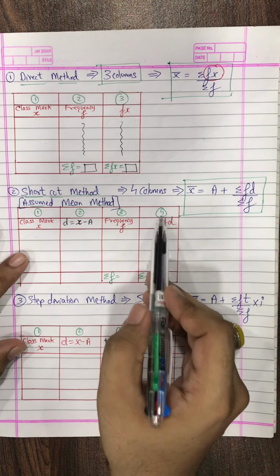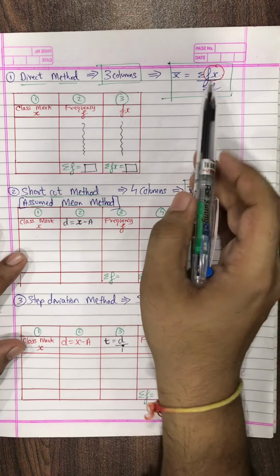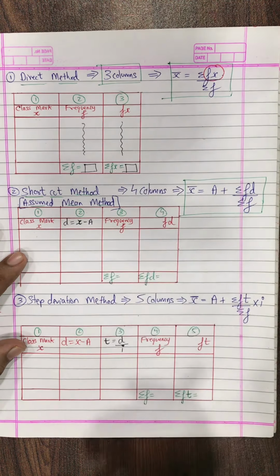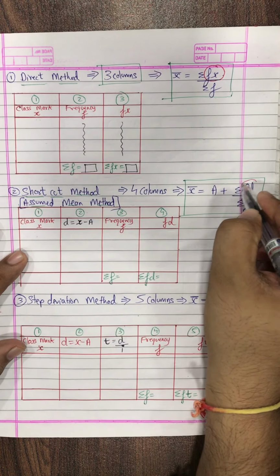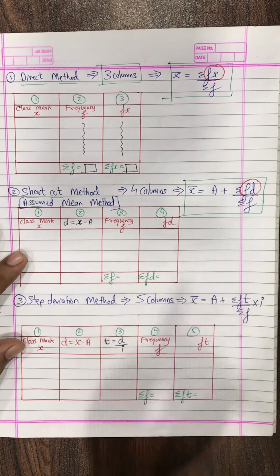As I told you, the last column always comes from the formula. Here it was fx, so fx came in the last column. Here I have fd, so fd will come in the last column. The first column, class mark, where does it come from? From the question. The last column always comes from the formula.